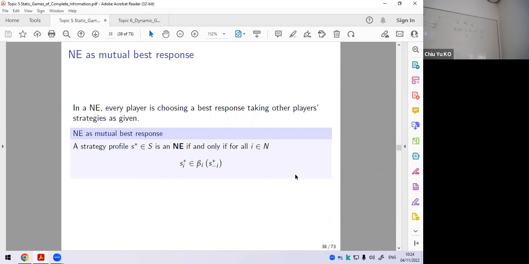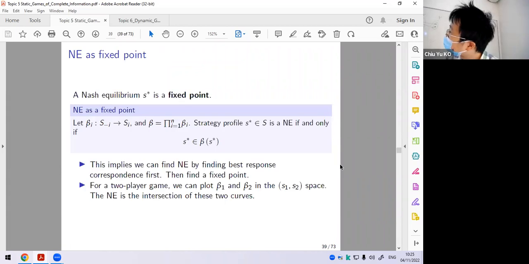It's saying that a strategy profile is a Nash equilibrium if player i's strategy belongs to the best response, given the other people choosing those strategies, what is the best action that i is doing. And the reason why we write it this way is because we can write Nash equilibrium as a fixed point.